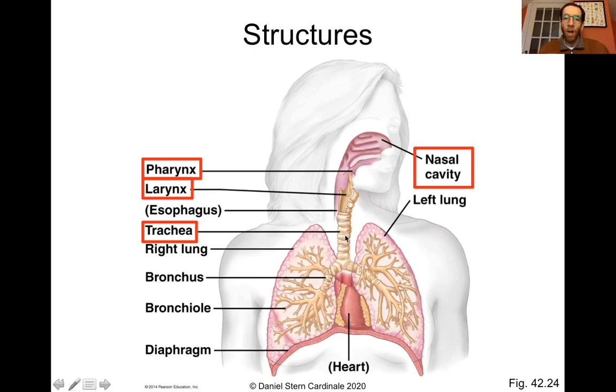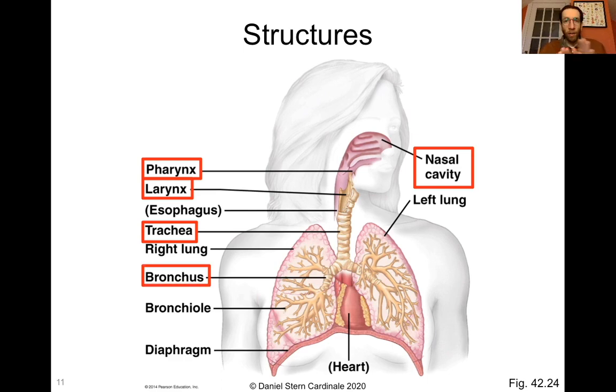The function there is to keep the trachea open all the time. Now, the esophagus is mostly going to be smushed flat as long as there's not food moving through it. When you swallow, that bolus moves through it and it opens up kind of in a wave-like pattern. But the trachea, we want to be able to breathe all the time. So the trachea is always open. It's the cartilaginous rings that accomplish that function.